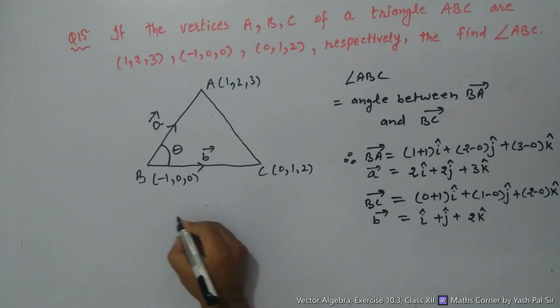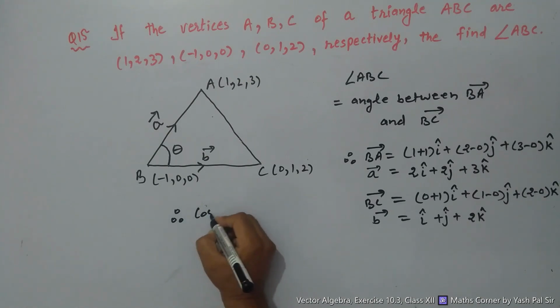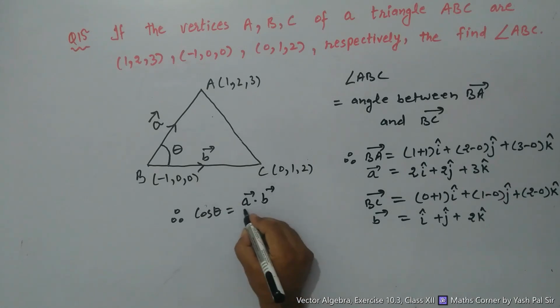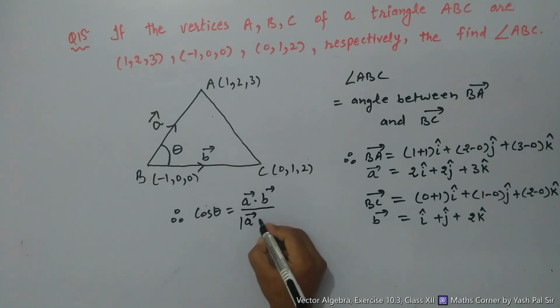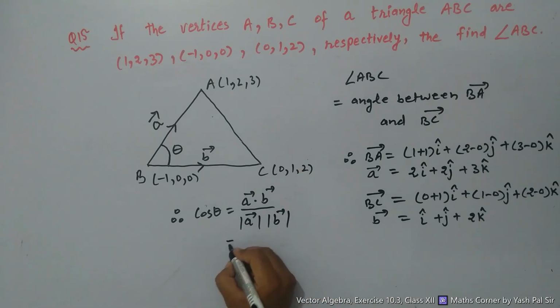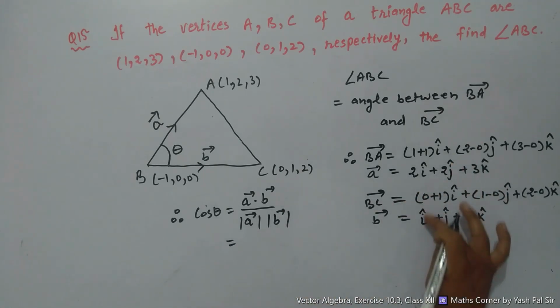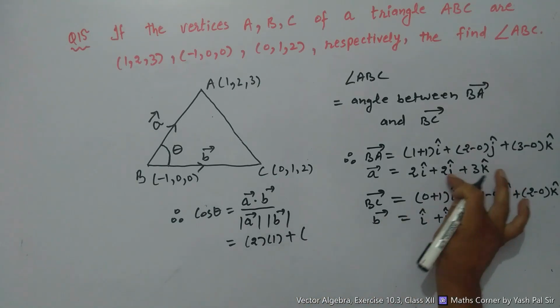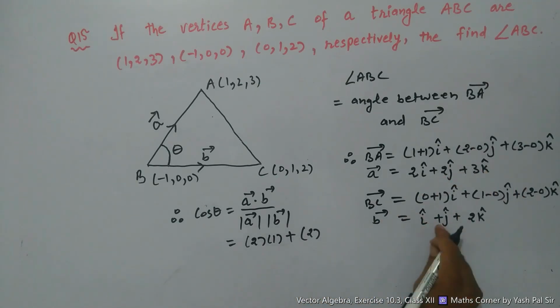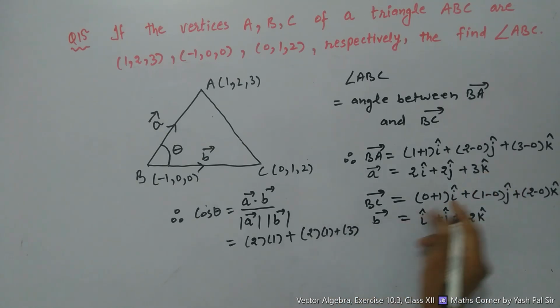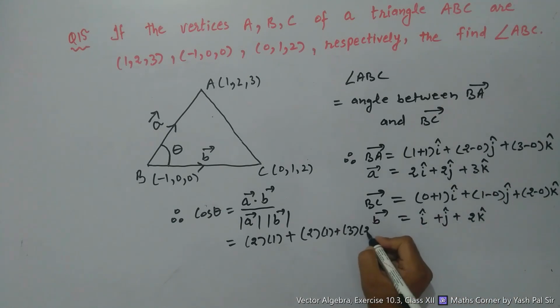Therefore, using cos theta is equal to A dot B divided by magnitude of vector A into magnitude of vector B. So A dot B: coefficient of i is 2 into coefficient of i is 1, plus coefficient of j is 2 into coefficient of j is 1, plus coefficient of k is 3 into coefficient of k is 2.